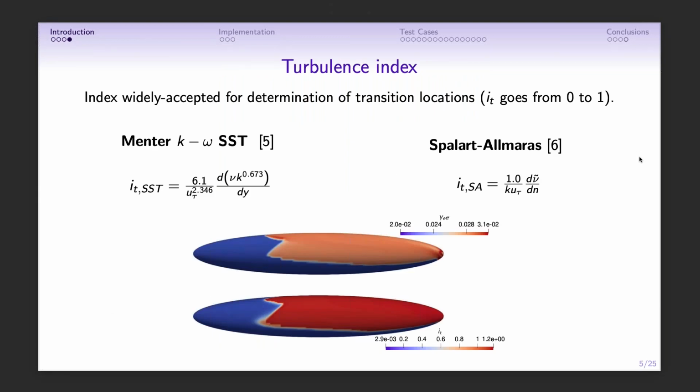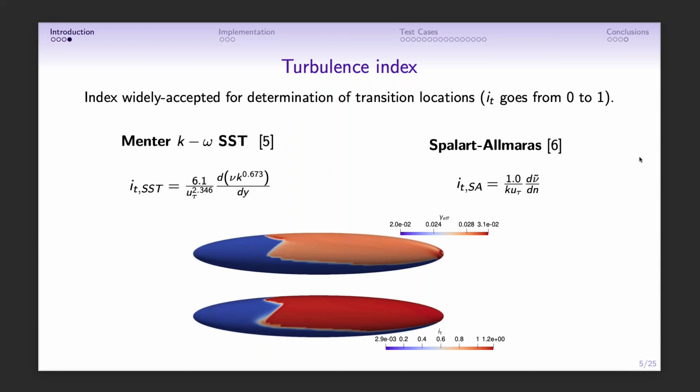To detect the transition location, a well accepted measure is the turbulence index, which is kind of the same as the intermittency, since it goes from 0 to 1. Again, 0 being laminar, 1 for turbulent, and it can also be greater than 1. Here I'm reporting how to compute it for k-omega SST and Spalart-Allmaras, and it is more like a post-process after the computation.